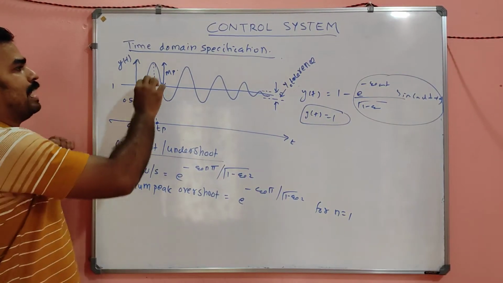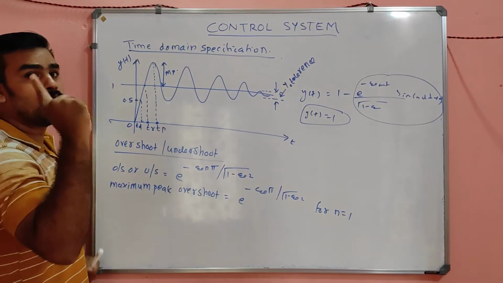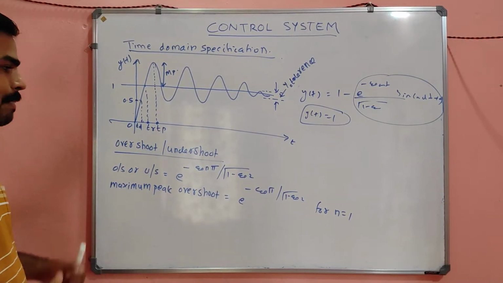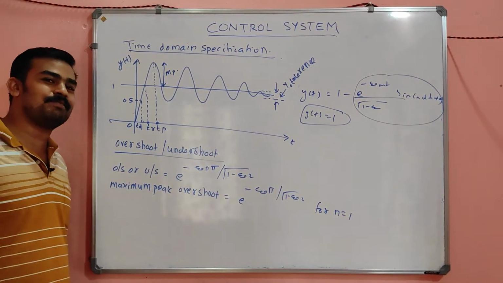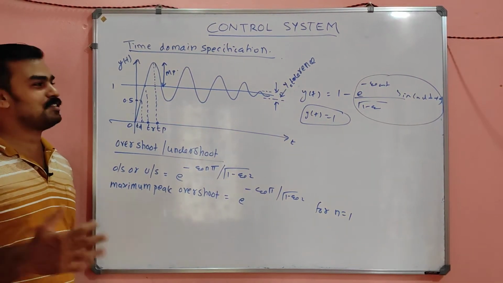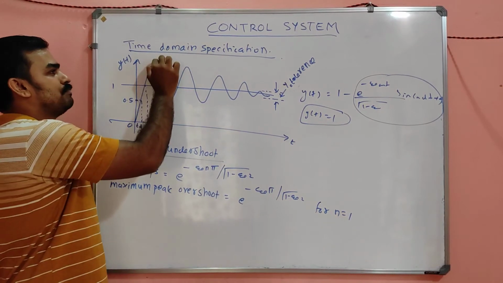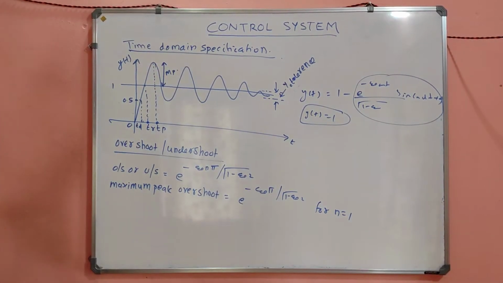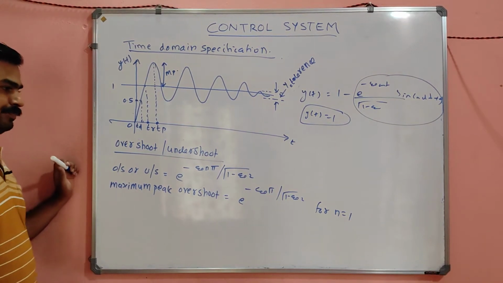That means the maximum peak overshoot is at the first overshoot. Did you hear that word, maximum peak overshoot? You heard that word blindly before. Now it is clear, right? At the first overshoot, the maximum value is called the maximum peak overshoot. Is it clear, my dears?